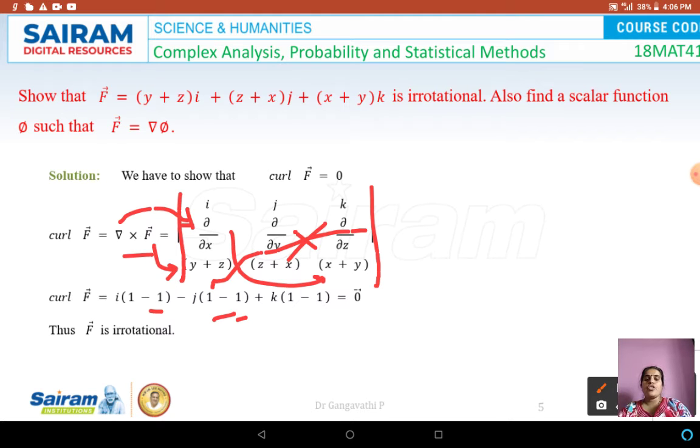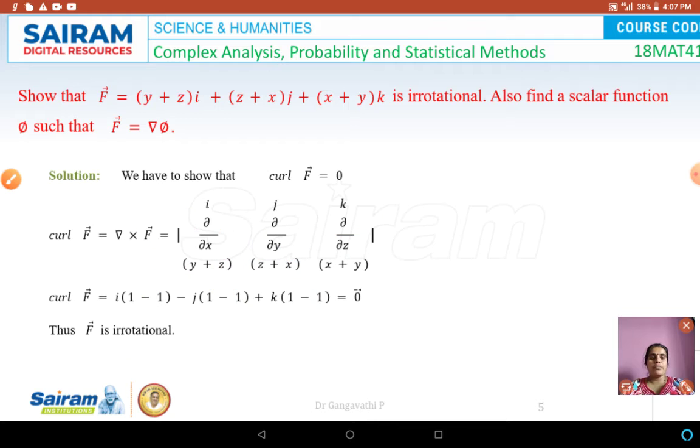Then k into ∂/∂x operating on z+x is 1. ∂/∂y operating on this is minus 1. If you look at this, minus 1 plus 1 cancels, minus 1 plus 1 cancels, minus 1 plus 1 cancels. It shows that curl f is 0, and therefore we can conclude the vector f is an irrotational vector.